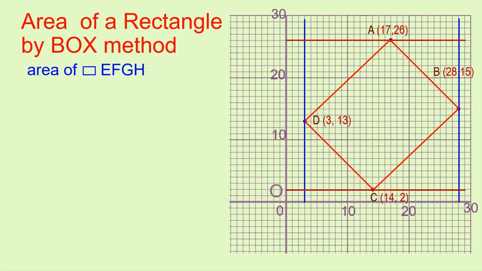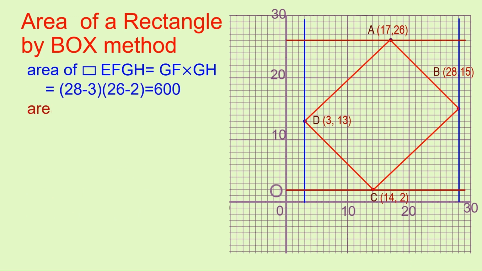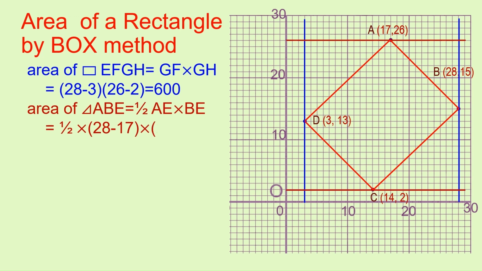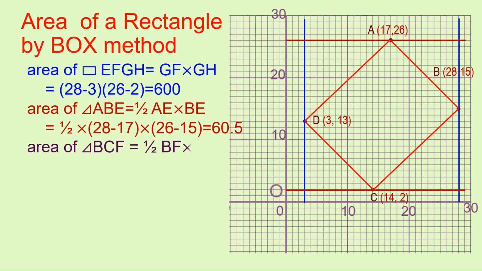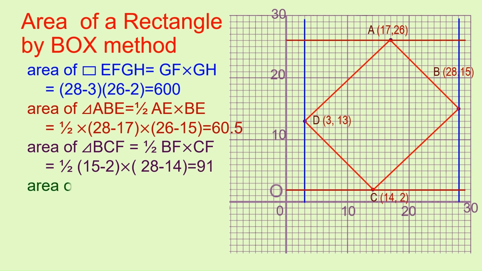Area of rectangle EFGH equals GF times GH equals (28 minus 3) times (26 minus 2) equals 600. Area of right-angled triangle ABE equals 1/2 AE times BE equals 1/2 times (28 minus 17) times (26 minus 15) equals 60.5.